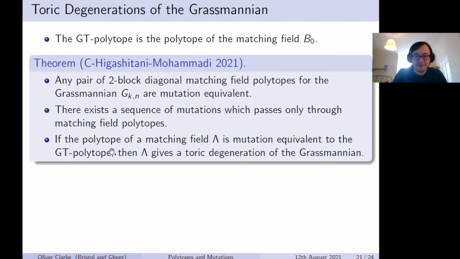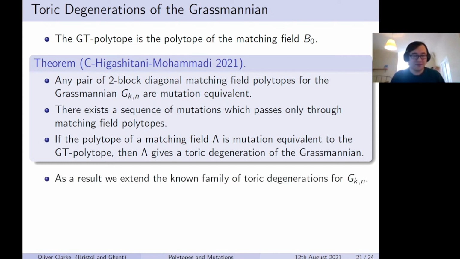So if you put these together, in particular the last two points, all of these intermediate matching field polytopes that we find are also arising from toric degenerations of the Grassmannian. So we have expanded this family of matching fields to quite a large family now.